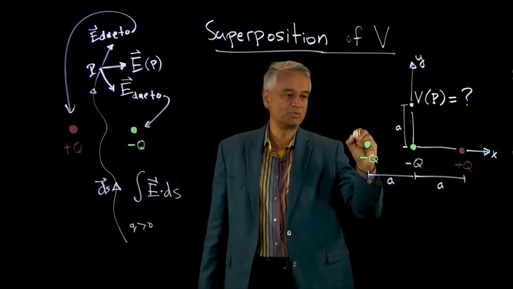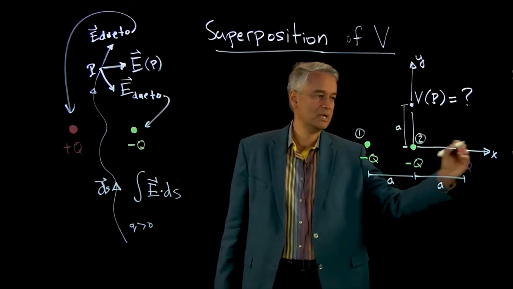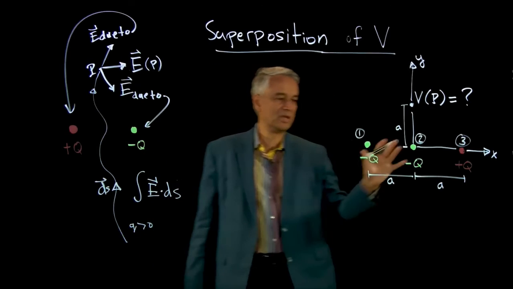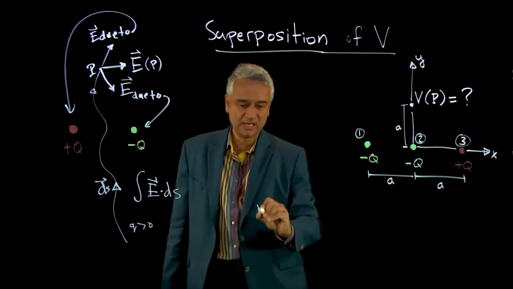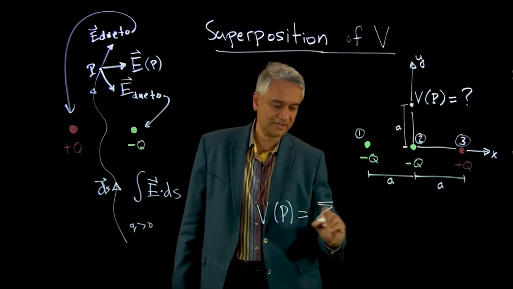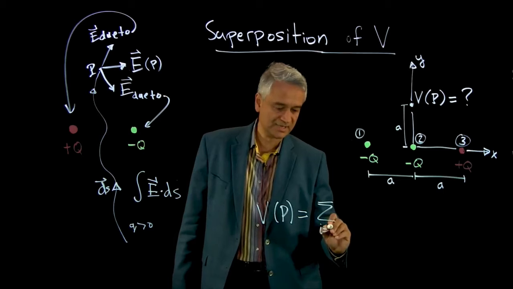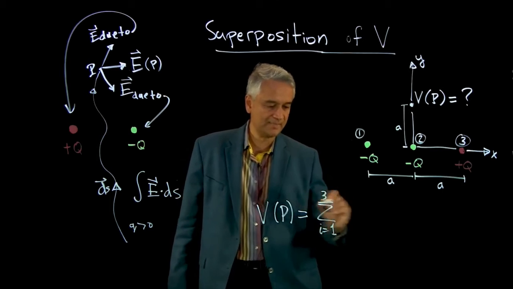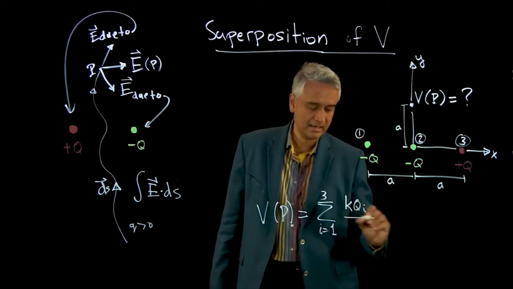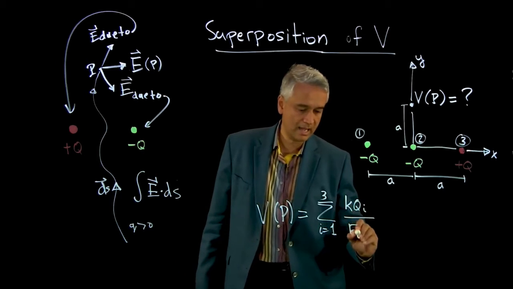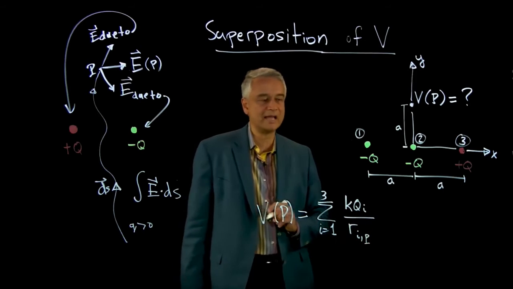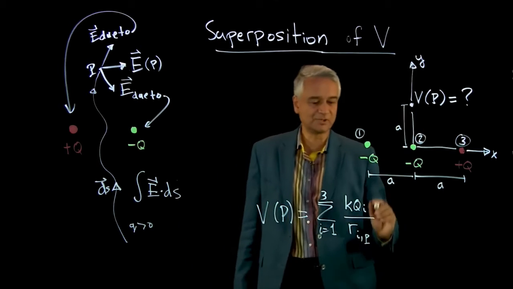If I call this one charge 1, and this one charge 2, and this one charge 3, then the superposition principle applied to electrostatic potential tells me that V of P is equal to the sum of three terms: the sum over i running from 1 to 3 of k Q_i divided by r_iP, where r_iP is the distance from charge i to the point P where I'm evaluating the potential.